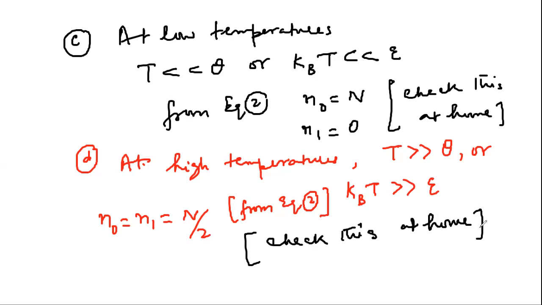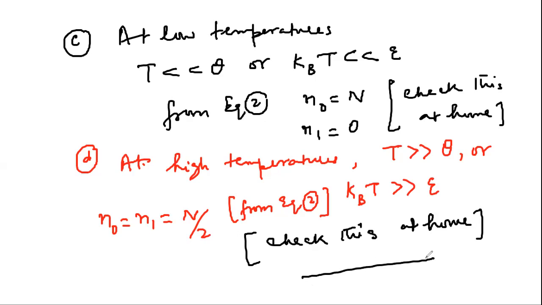So the difference in energy between these states becomes irrelevant, right? I hope this is clear to you. So I stop here. We will discuss other properties of the system in the coming lectures.